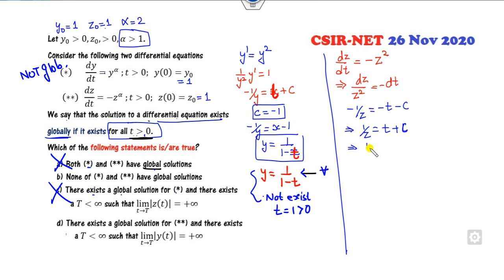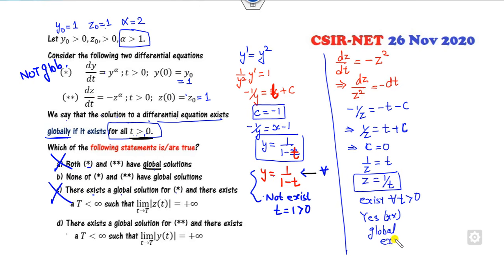So c will be 0 by using this condition. So 1 over z is t, or z is 1 over t. Now clearly it exists for all t strictly greater than 0. So yes, the double star global solution exists.